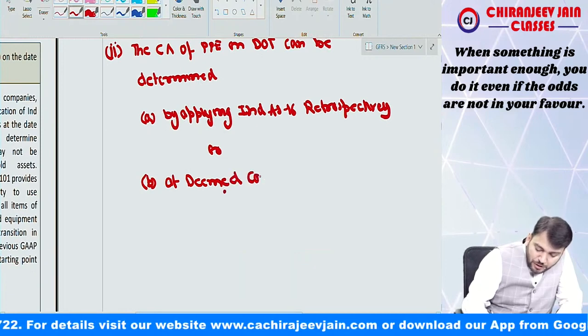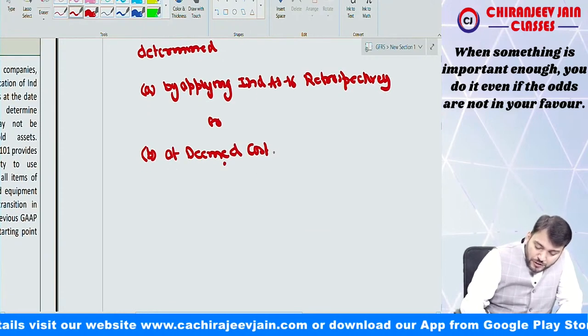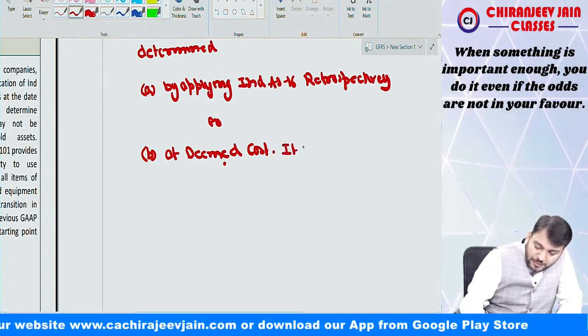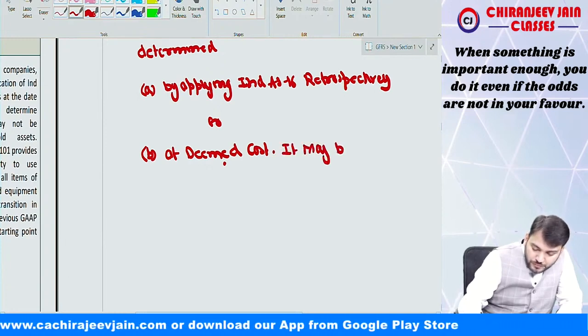You remember this word deemed cost? Now deemed cost, they have given two options.